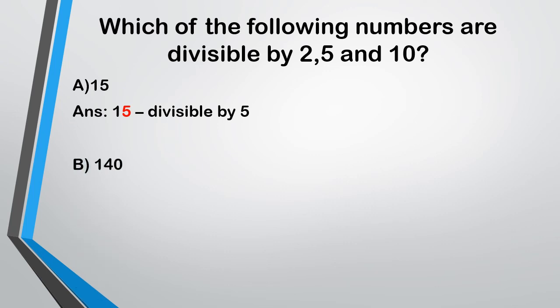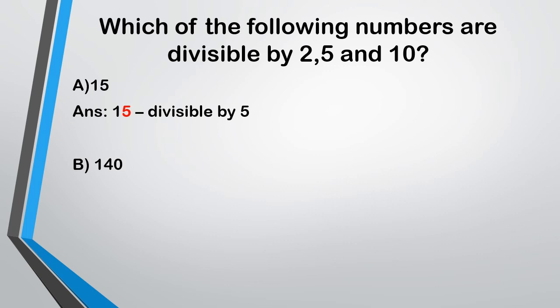Now look at the next number, 140. What is the last number here? 0. Yes, the last number is 0. Is this even or not? Yes, 0 is an even number. So 140 is divisible by 2. Then here 0, no? Now we are going to check the divisibility of 5.